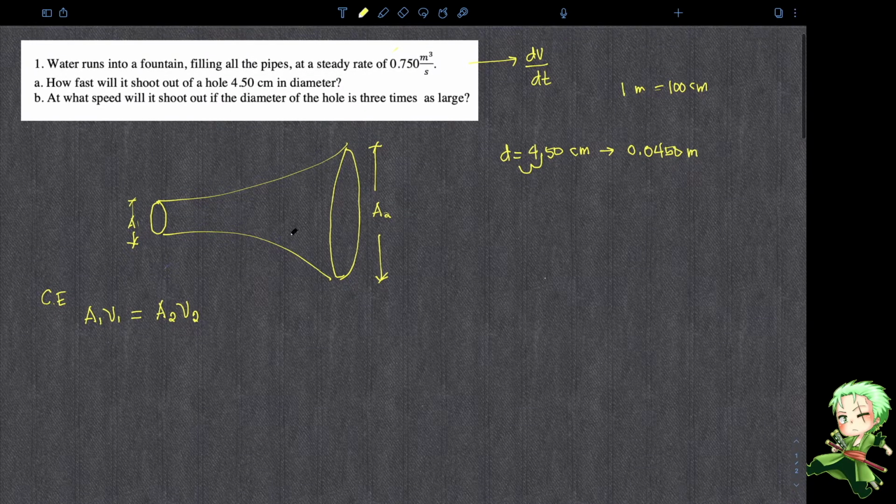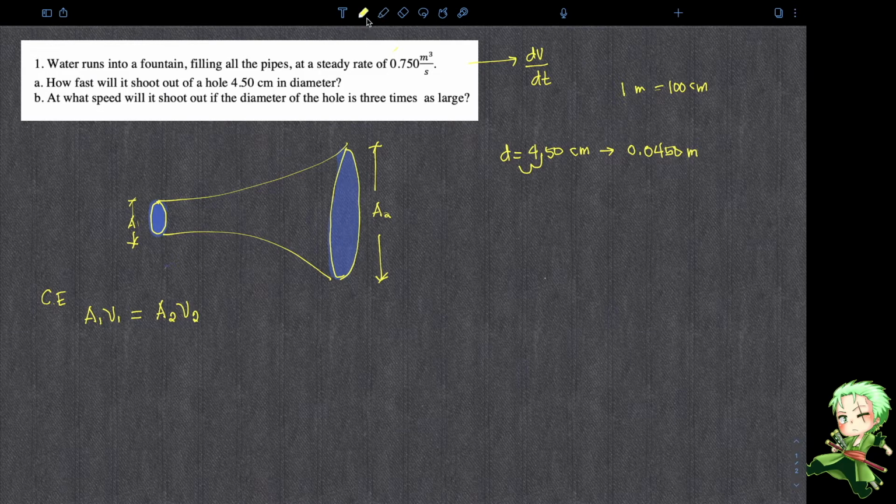And since our assumption for the fluid is that this is an incompressible fluid, that means the rate at which the volume passes through this cross-sectional area, meaning you have 0.750 cubic meters of volume that is passing in one second in this area, that is also the same volume that is crossing through this larger cross-sectional area in 1 second. So meaning, pareha gina silang duha, they have the same volume flow rate.